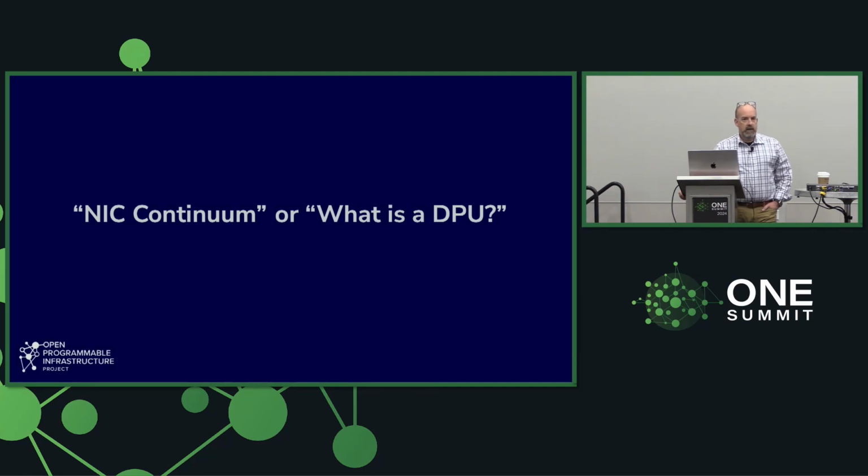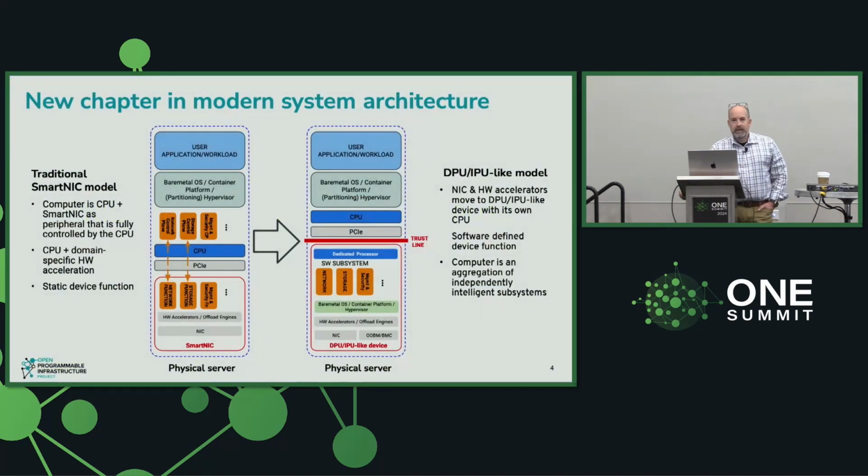A DPU or an IPU is a little bit different. Generally they come as a card. They can come as chipsets in a server or switch or something like that. But generally for a PCIe card, they are cards that have a compute complex on them.